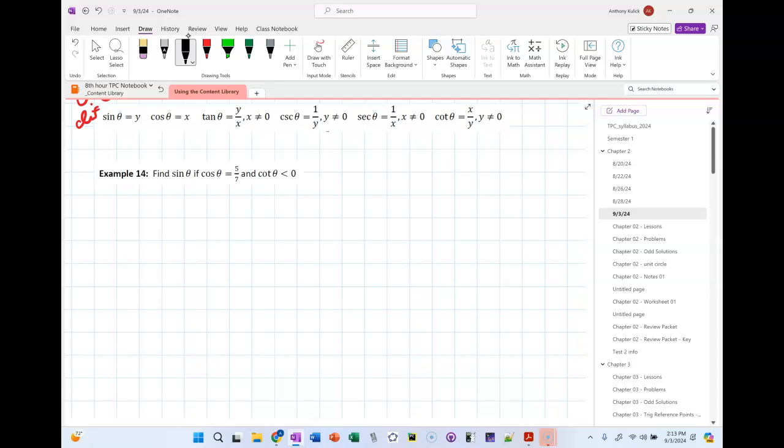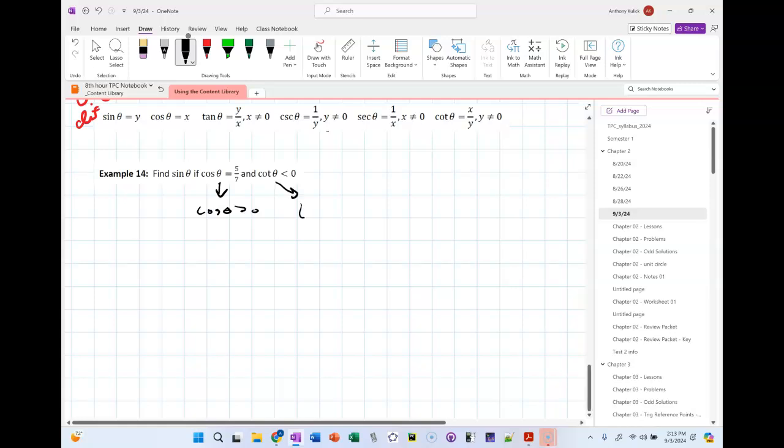The first thing that I want to do is figure out what quadrant the terminal side of my angle lies in. So cosine is 5 over 7. Well, that means cosine is positive. Cotangent is negative. Well, I know tangent is going to be the same because it's the reciprocal of cotangent. So tangent's also negative.